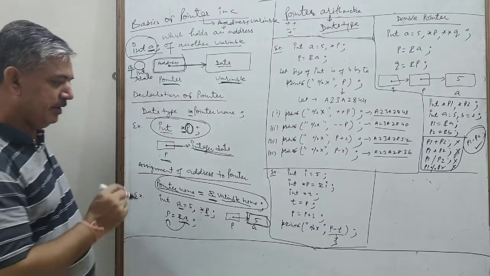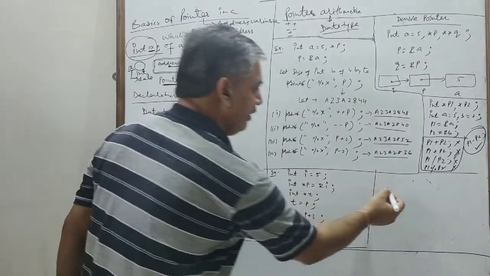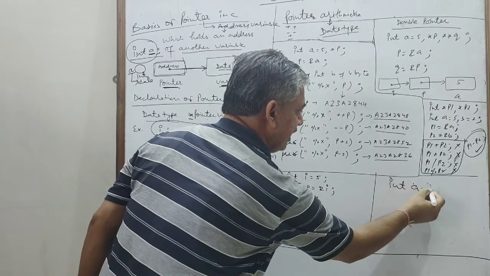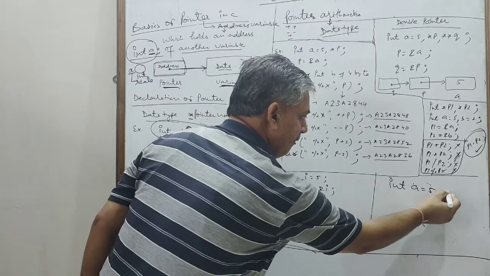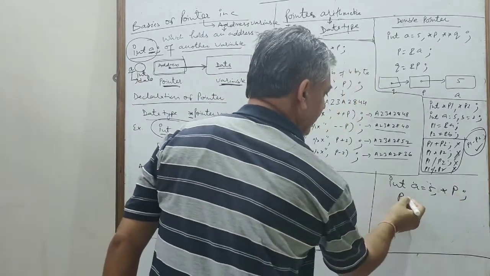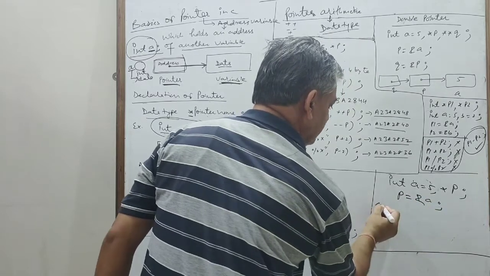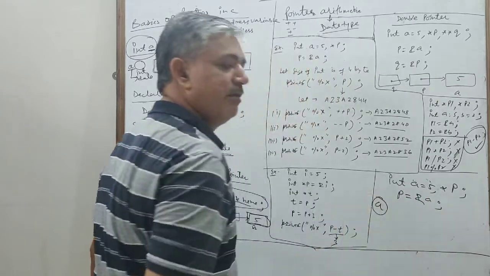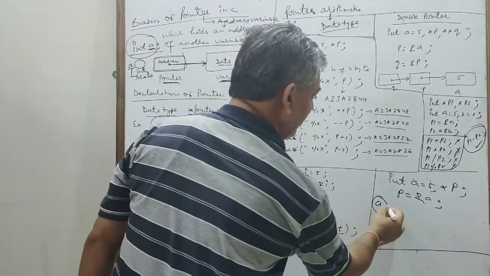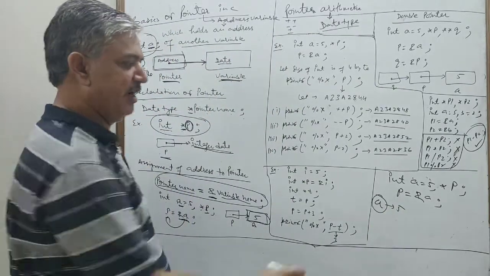Here remember one thing. Suppose I write int a = 5, *p; and I assign the address of a to p. Here a is a simple variable, so when we print a with printf percent d, we will get 5.